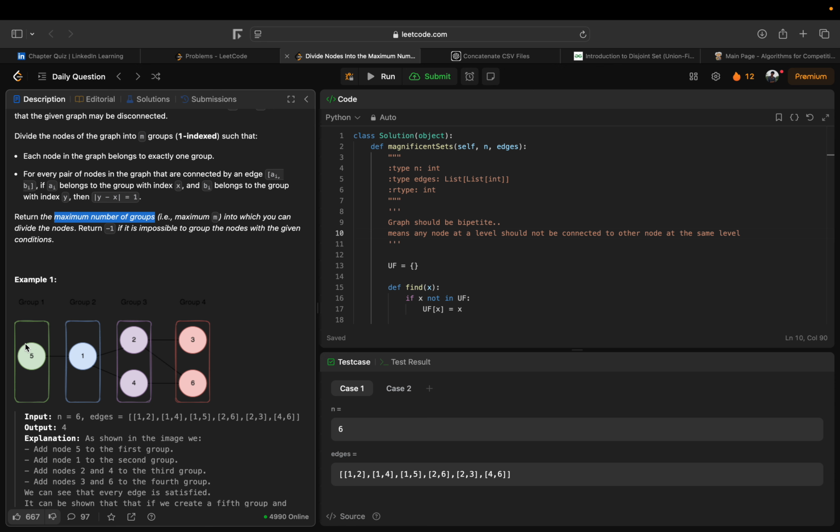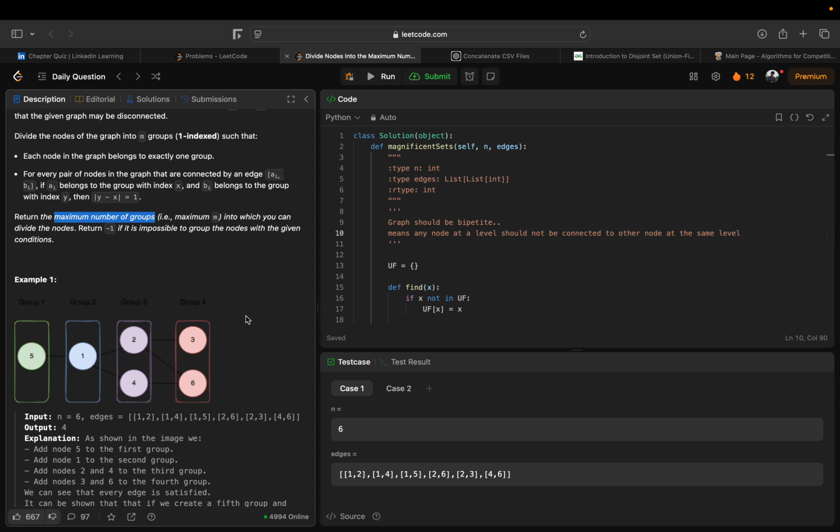So let's say we have a root node at 5, we can say that till here we have 4 levels. If we have a root node at 2, we can say we have one level, then this second level, so we have 3 levels only. So we have to maximize this distance, right?